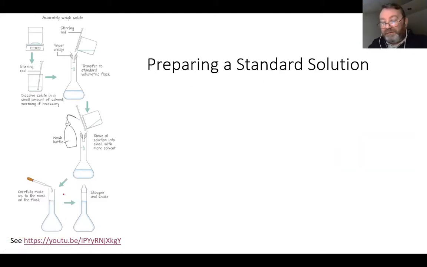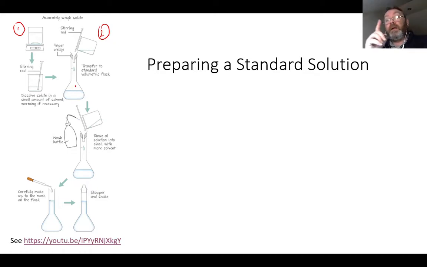I don't know if you can make sense of this diagram over here, but this diagram tells me what to do. And I'm just going to follow it with you. Number one, you take your definite mass of primary standard and you dissolve it in water, making sure that it's all dissolved completely. You then transfer the solution into a volumetric flask through a funnel. And the reason for that is because we want to make sure that we transfer all of this solution into this volumetric flask.